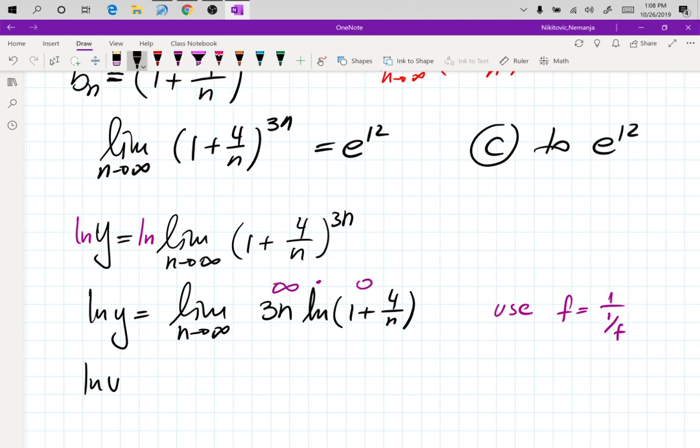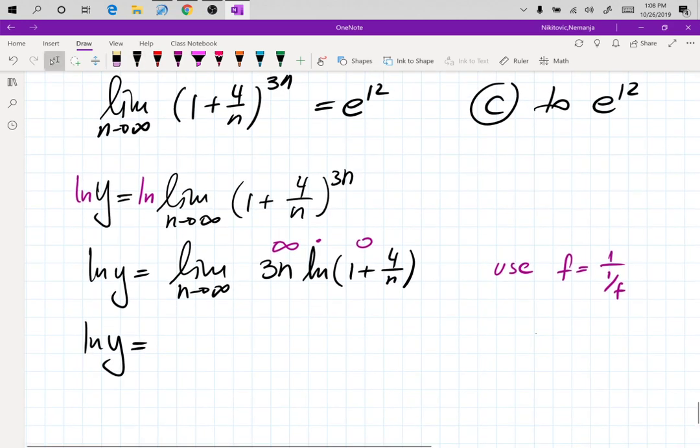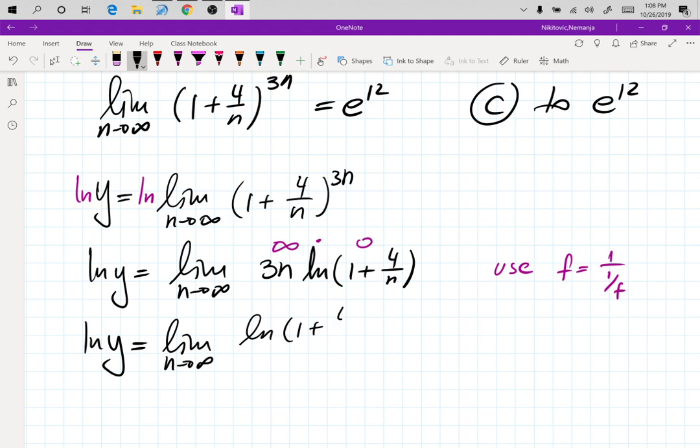L'Hopital's rule for infinity times 0 is going to use the trick of 1 over f. So again, it depends on your knowledge of L'Hopital, which is why you should be reviewing this. You can go back and take a look at my lecture for 0 times infinity and so on. And we are going to have ln of (1 plus 4 over n) divided by 1 over 3n.